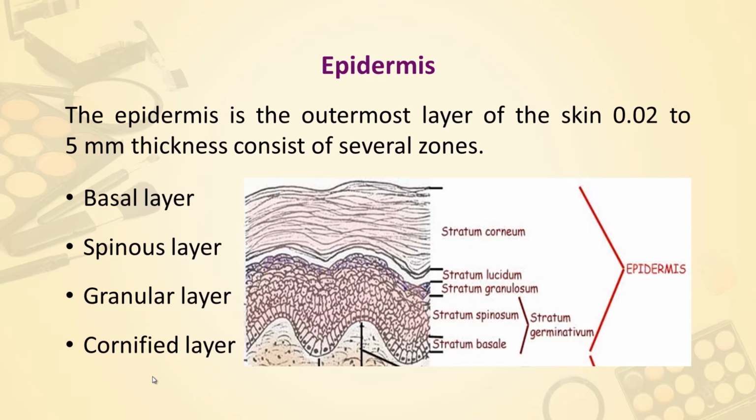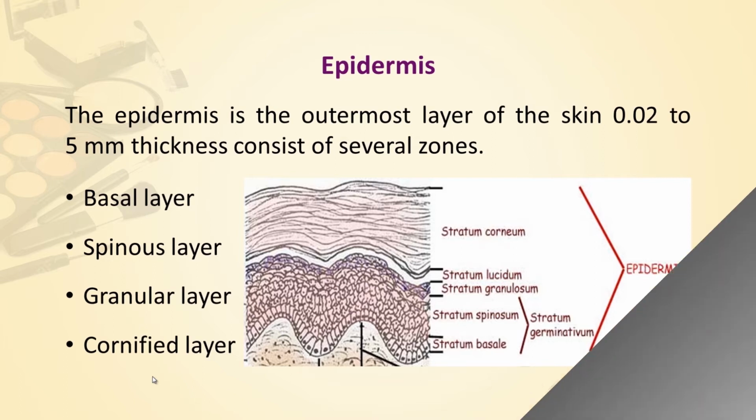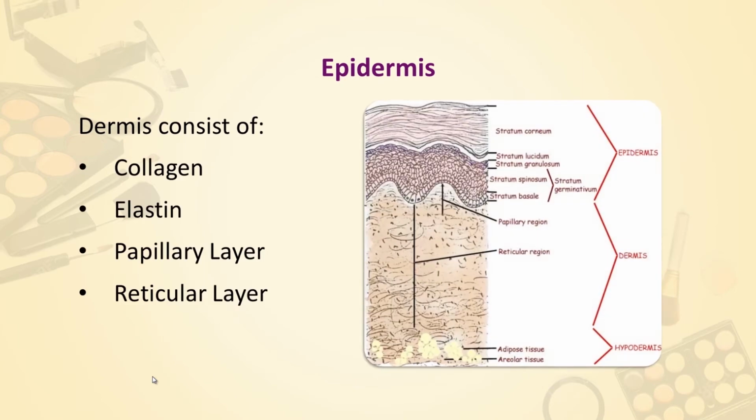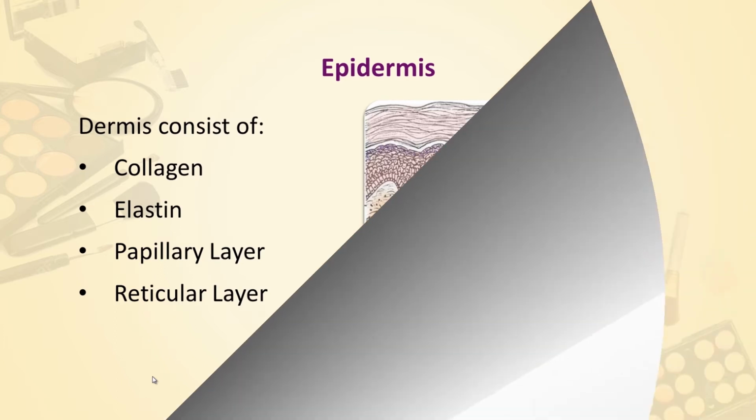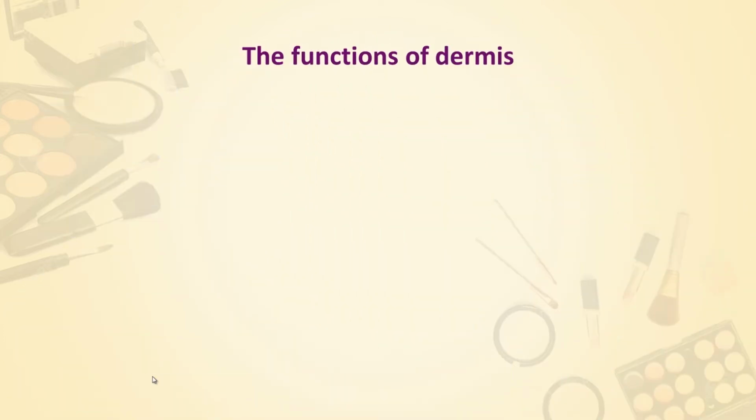The dermis is the thick and sensitive layer of the skin, a layer of connective tissue beneath the epidermis, and it has collagen, elastin, papillary layer and reticular layer. The dermis gives elasticity and tensile strength to the epidermis, and it offers a wide variety of functions.